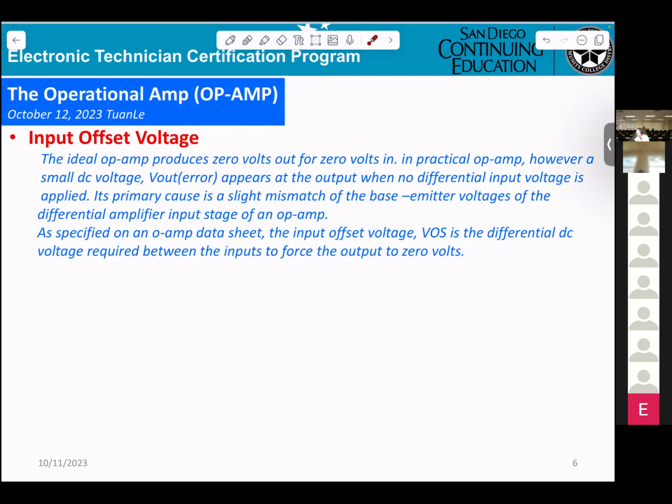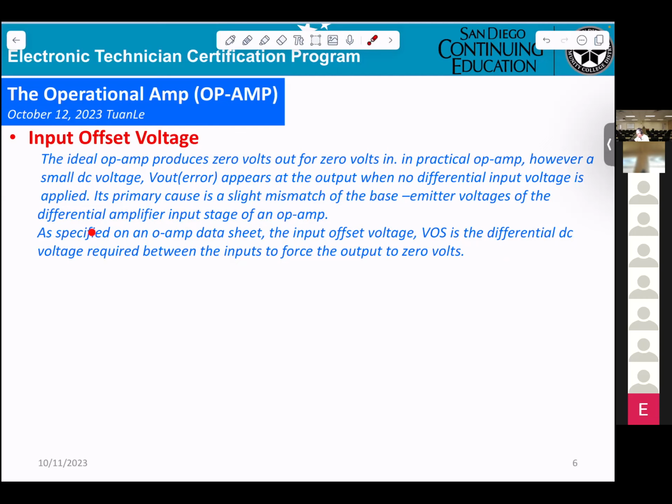Its primary cause is a slight mismatch of the base-emitter voltages of the differential amplifier input stage of the op-amp.